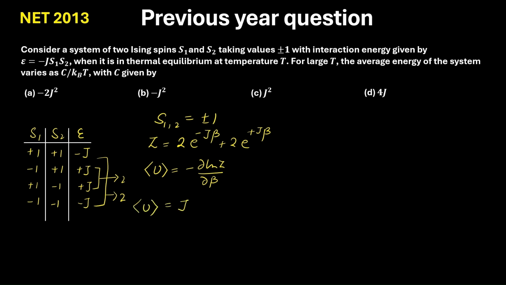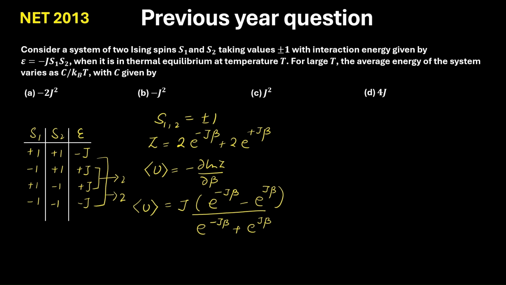So you'll get J into e to the power minus J beta minus e to the power J beta, divided by e to the power minus J beta plus e to the power J beta. This is the expression of the average energy.